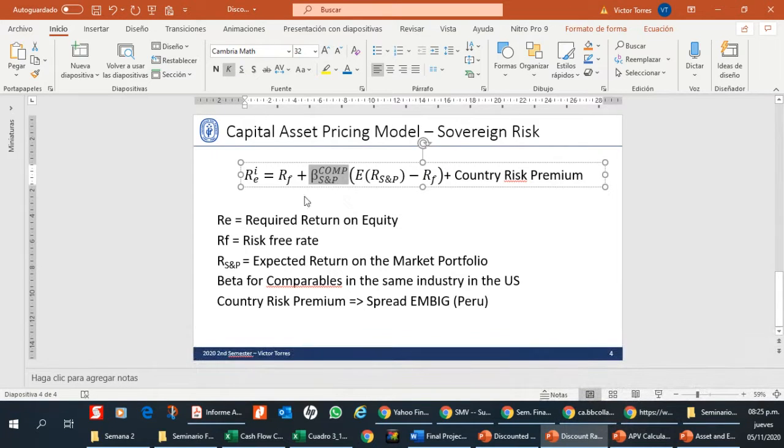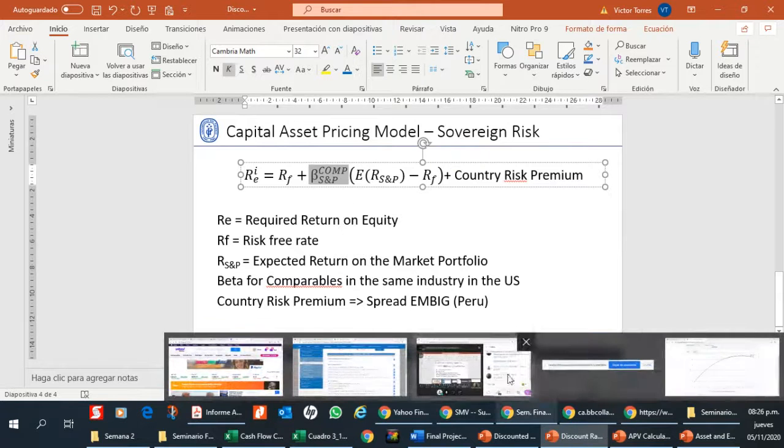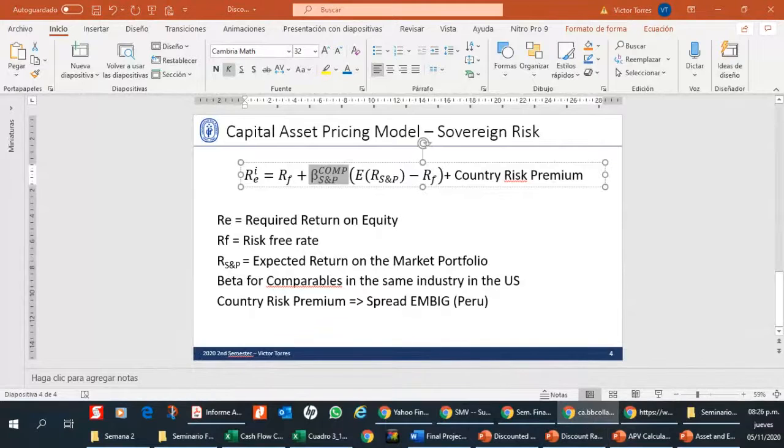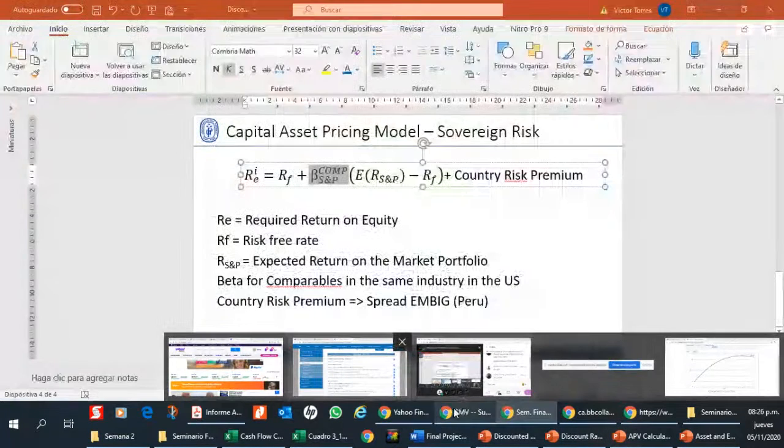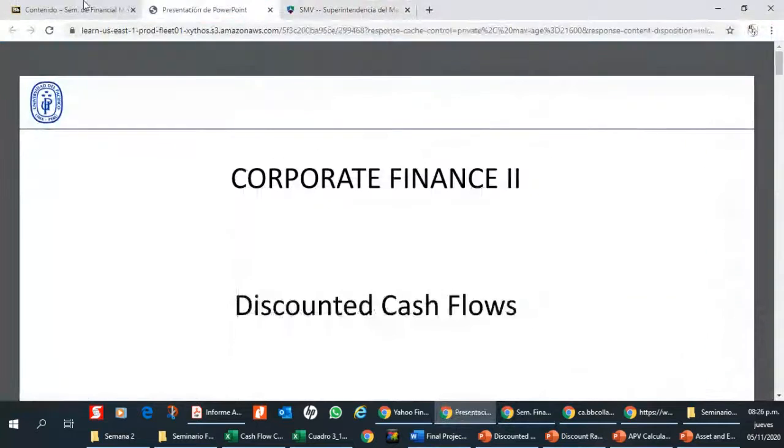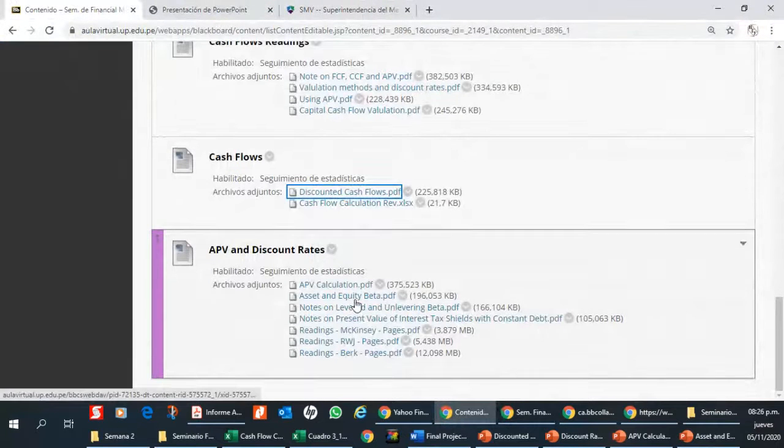The problem we have, obviously, is that we need to transform those comparable companies that have similar leverage to our company. Let me just show you where it is. Here, I have already posted that we are going to touch base on how to lever and unlever betas, and how we are going to talk about asset and equity beta.